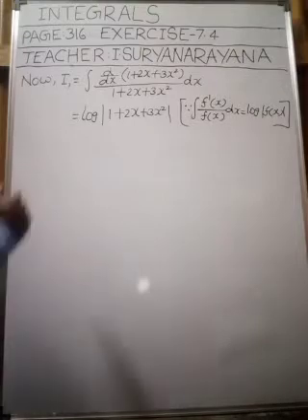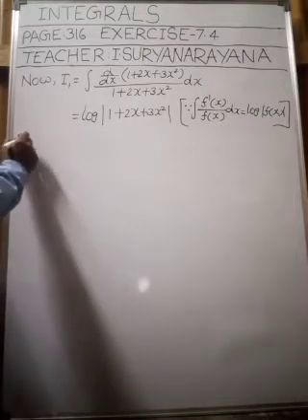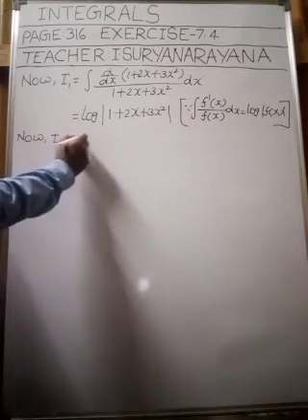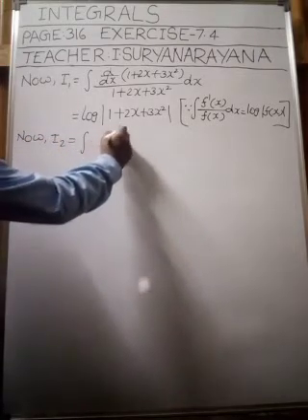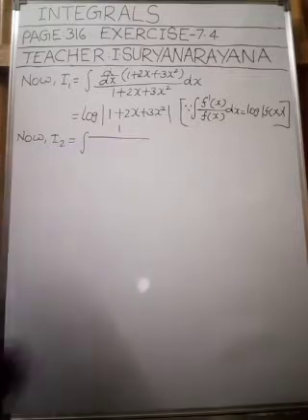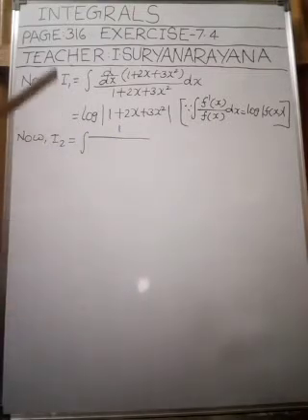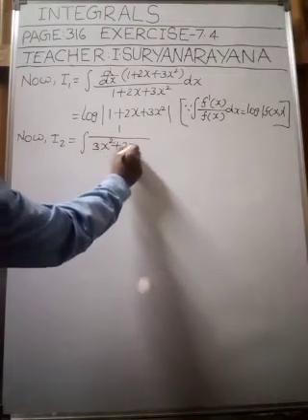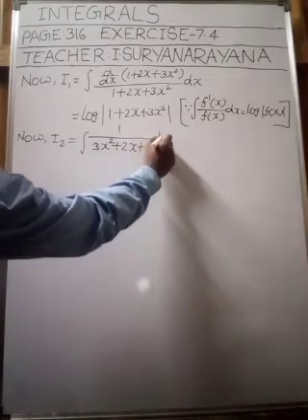Now we find I2. Now I2 is equal to the integral of 1 by, I am writing that quadratic expression in a particular order, in standard form, that is 3x square plus 2x plus 1 dx.